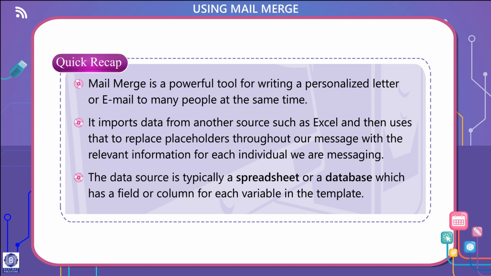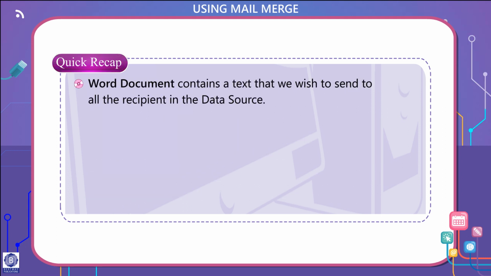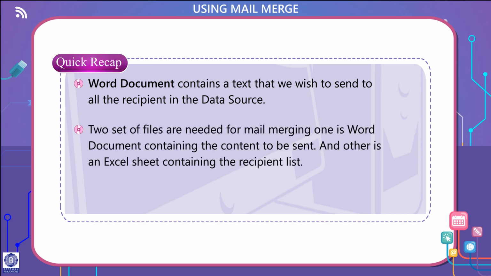The data source is typically a spreadsheet or a database which has a field or column for each variable in the template. The Word document contains a text that we wish to send to all the recipients in the data source. Two sets of files are needed for mail merging. One is a Word document containing the content to be sent. Another is an Excel sheet containing the recipient list.